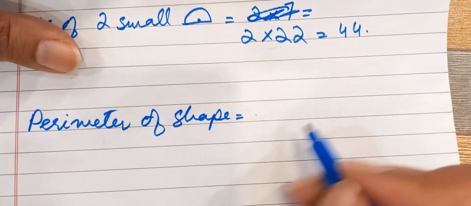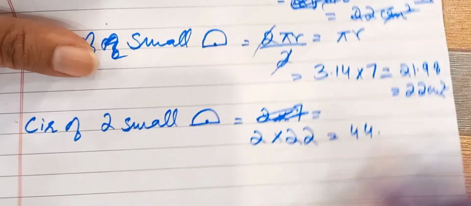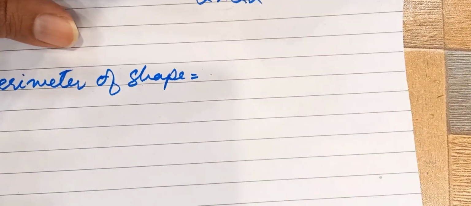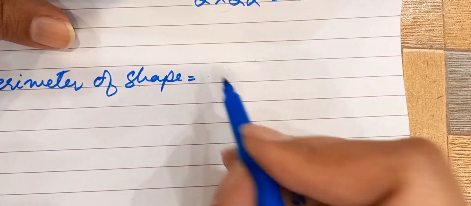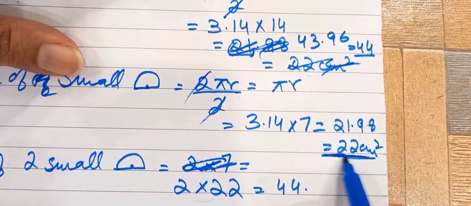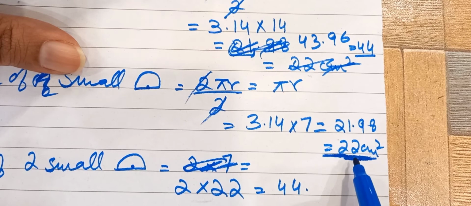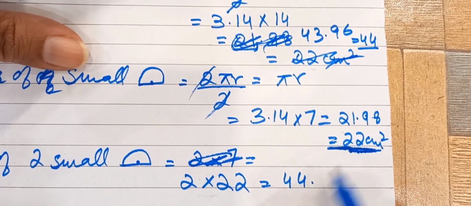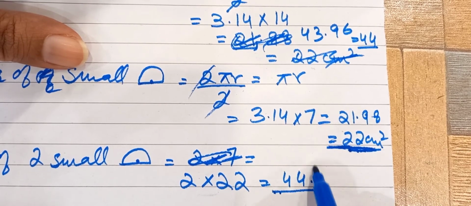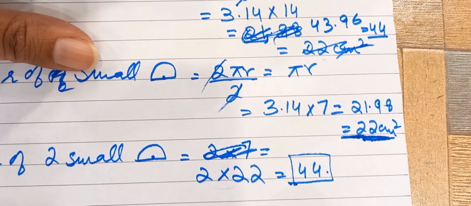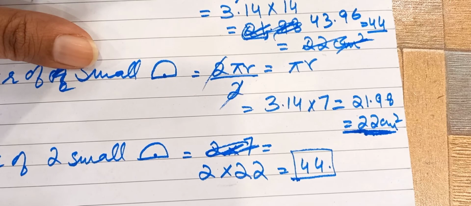So for the perimeter of the shape, I'll add them together: 44 plus 44, because I have multiplied this with 2 and am now using this instead of that. That is equal to 88 centimeters.